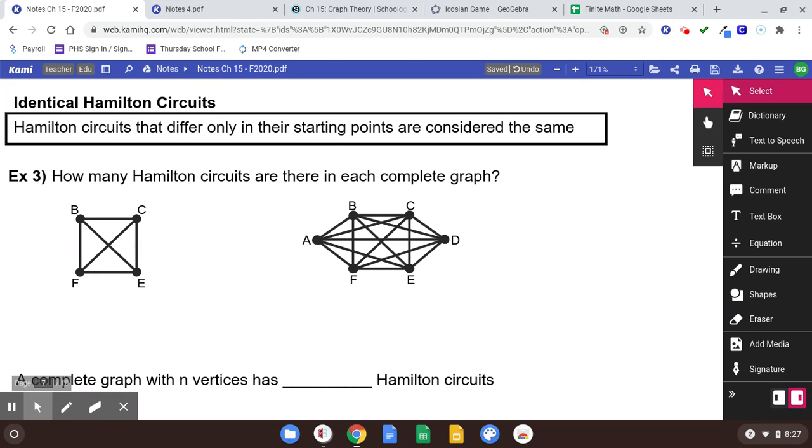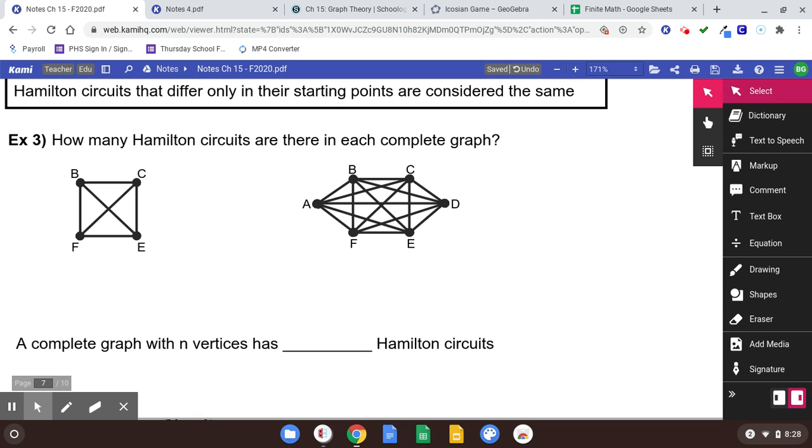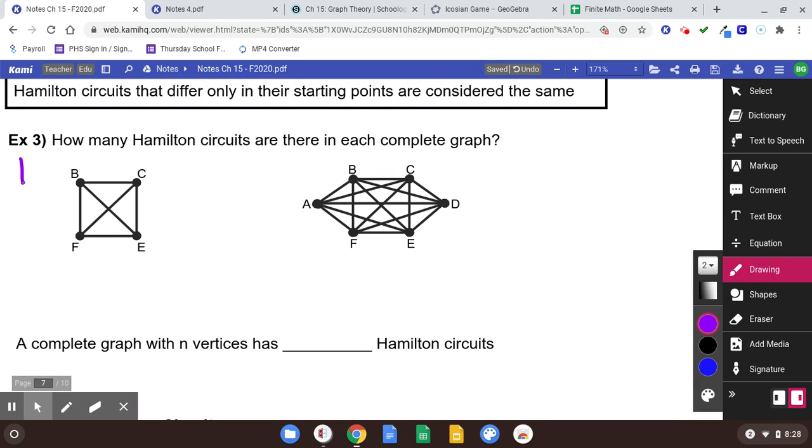Number 3, how many Hamilton circuits are there in each complete graph? So notice that's a K4. And in order to answer that question, just pick a starting point. Okay? Think about it.